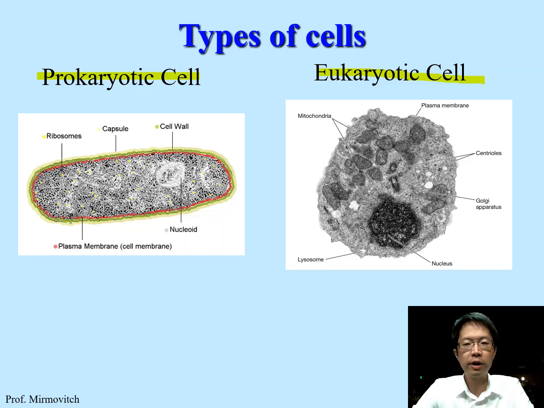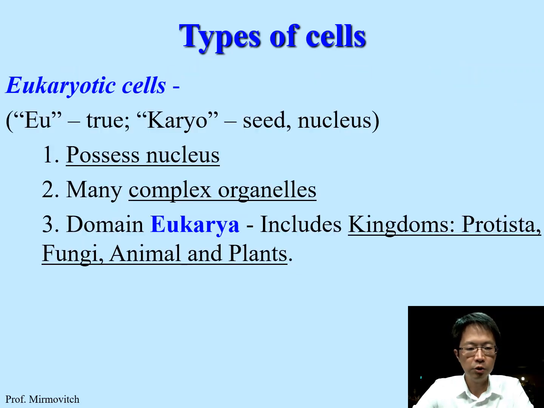Also, eukaryotic cell is a lot larger than the prokaryotic cell. Eu means true. Karyo is the same, seed or nucleus. So this type of cell has a true nucleus.